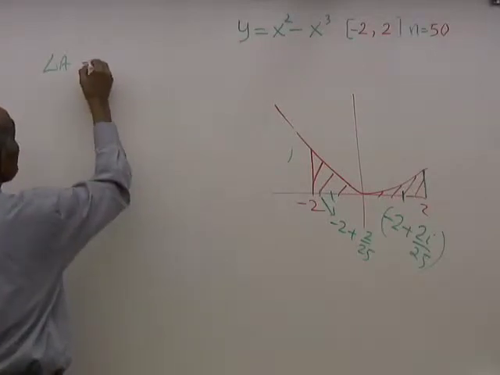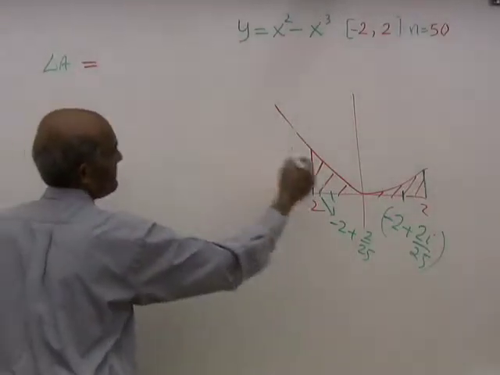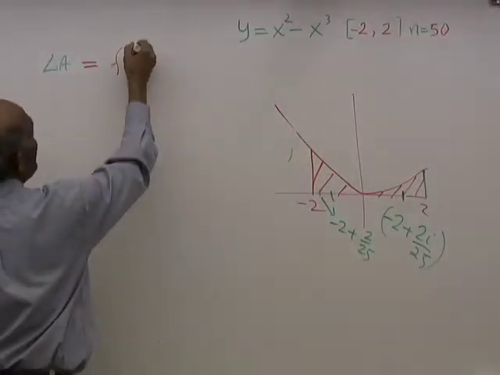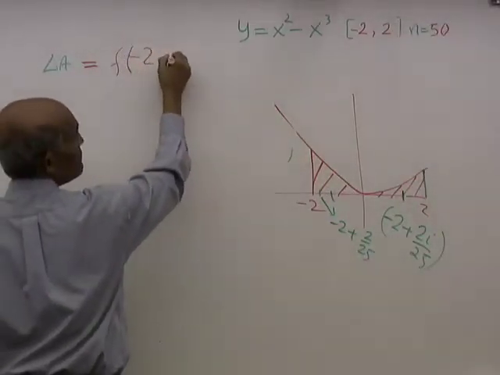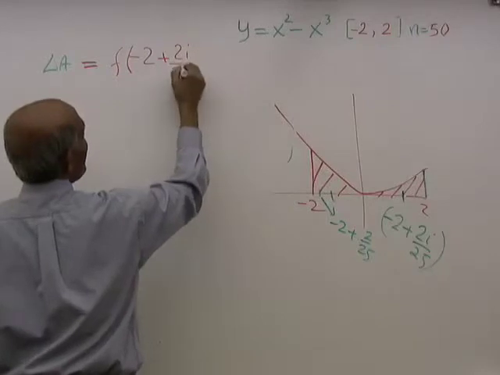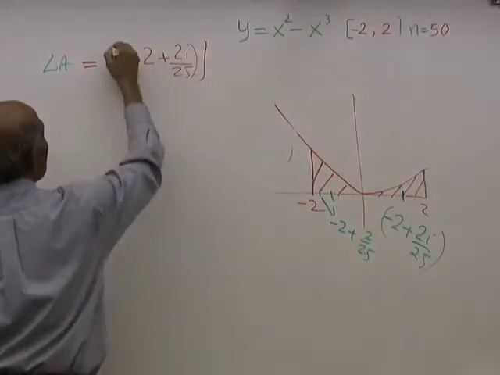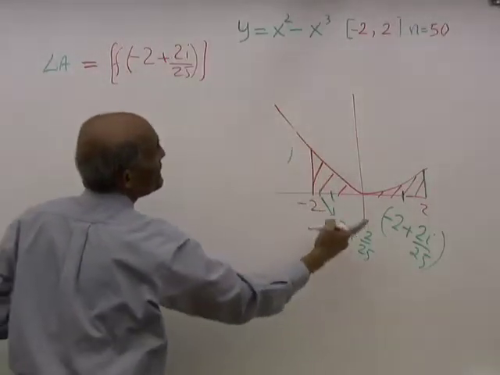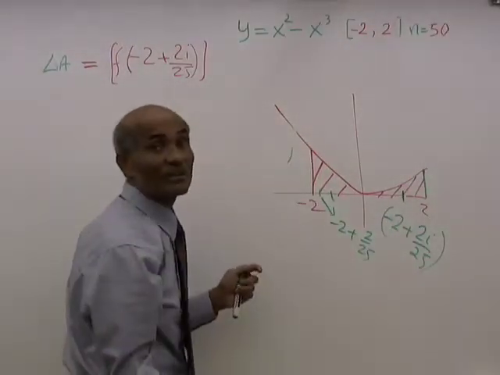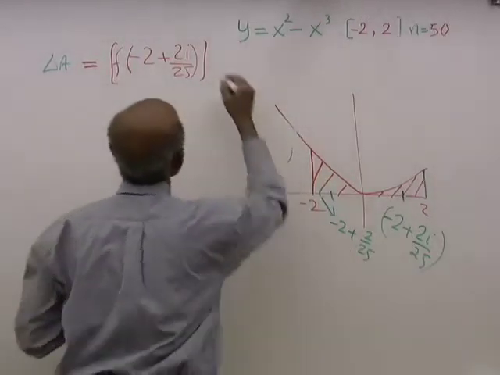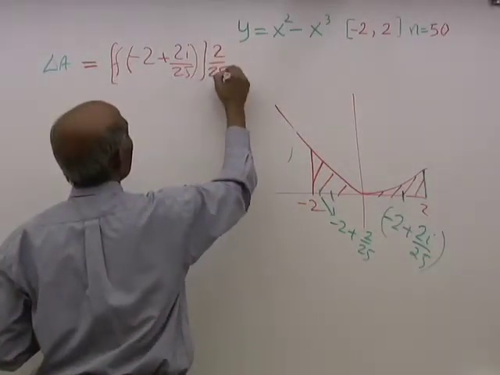Delta A will be equal to f of x, which will be f of negative 2 plus 2i over 25. Now, this is multiplied by the width of one rectangle. What is delta x? Delta x is 2 over 25.